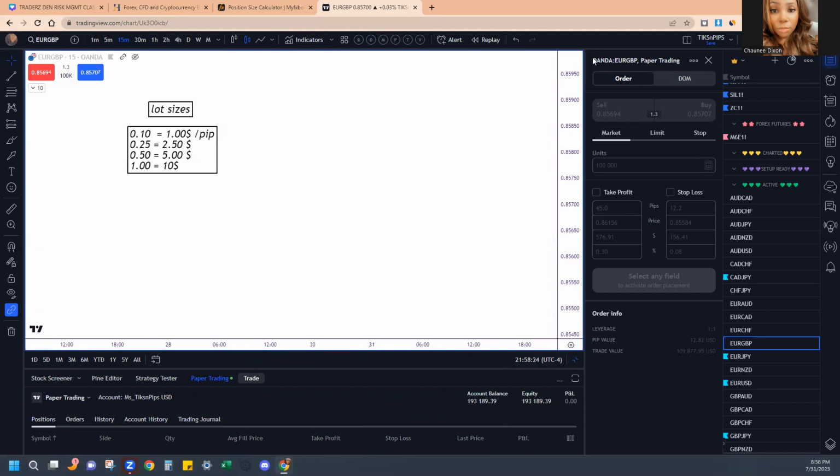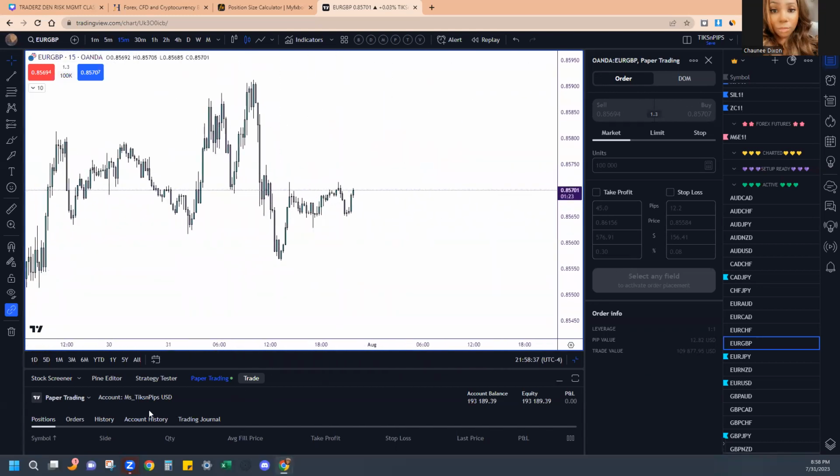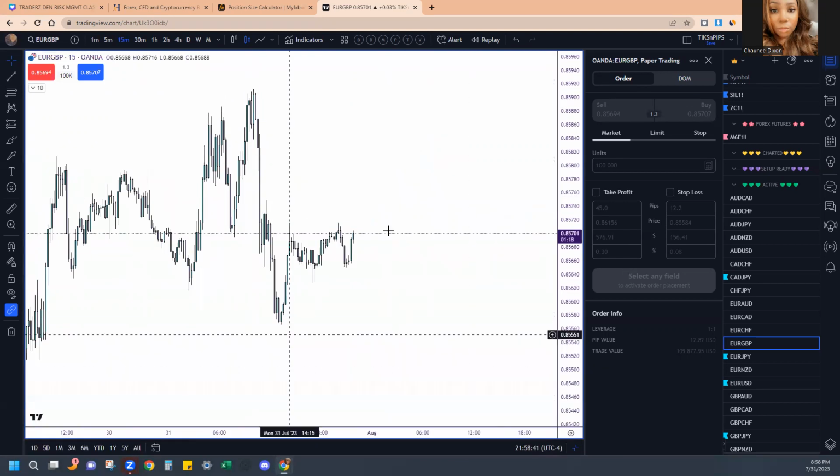All right, can y'all see this bracket window here? Okay, good. Let me put the price back on. So let's say we want to enter for a buy.